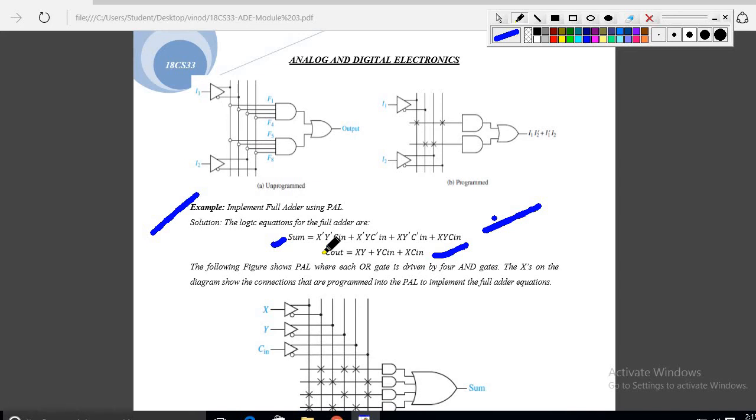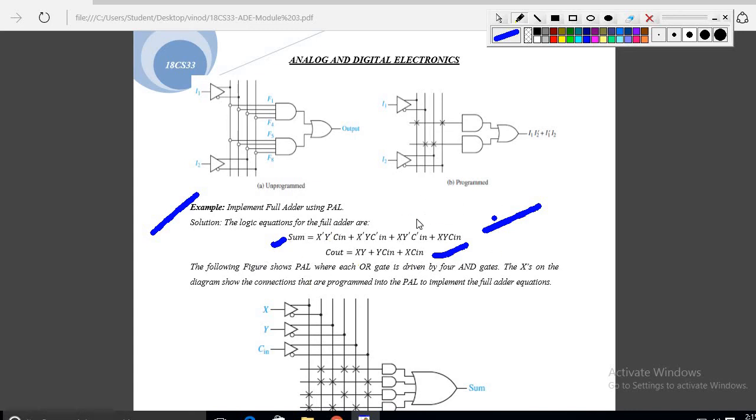I will tell you in the lab how exactly we obtain the full adder expressions for sum and Cout. That will come in the later classes, where I will explain how to obtain the sum and Cout for the full adder.